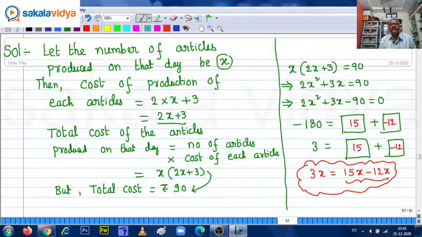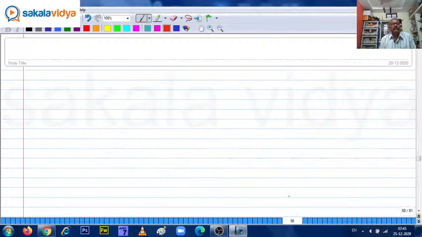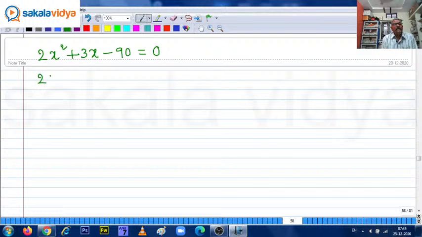So this is 2x square plus 3x minus 90 equals to 0. So 2x square, this we can write plus 15x minus 12x minus 90 equals to 0. Now here from 2x square plus 15x only we can take out x common.